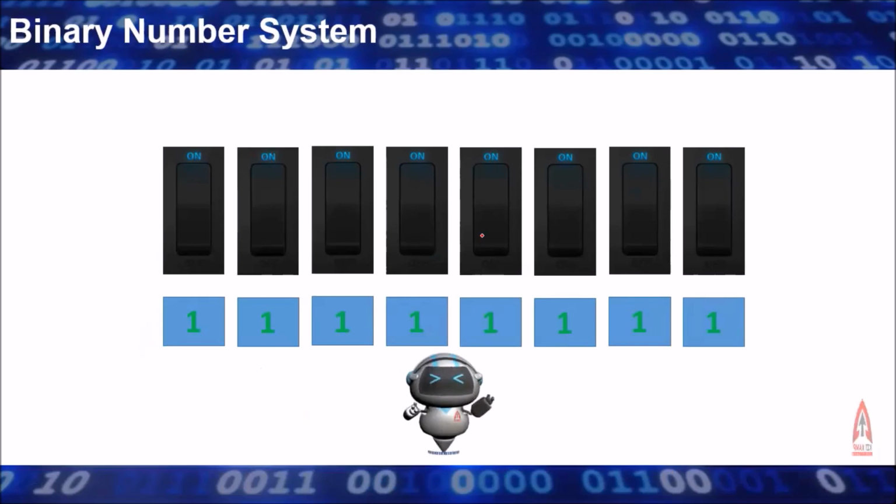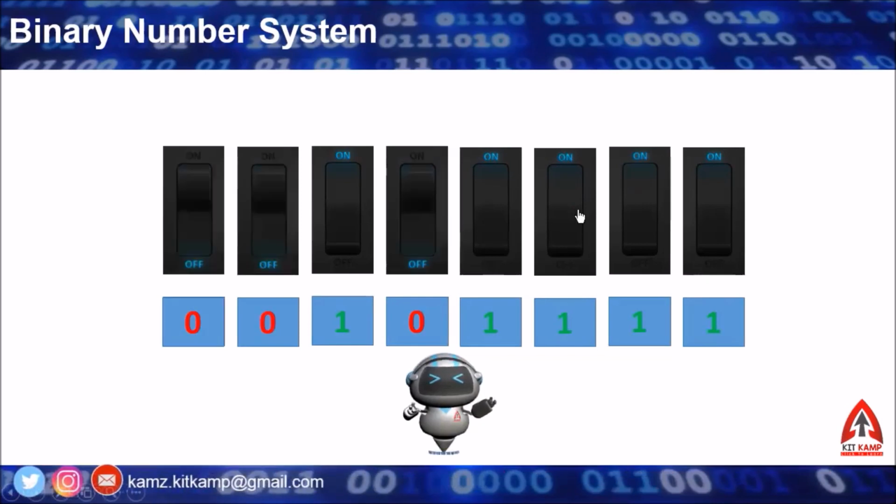In the previous slide, we saw that a computer has millions of tiny switches. So let's assume we have 8 switches. These 8 switches can be turned on or off depending on the devices connected to them. It can be your RAM, your hard disk drive, your LAN card, or any other device. So it is giving the instruction about which device the data should be given to.